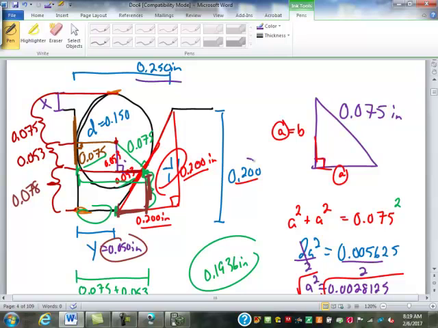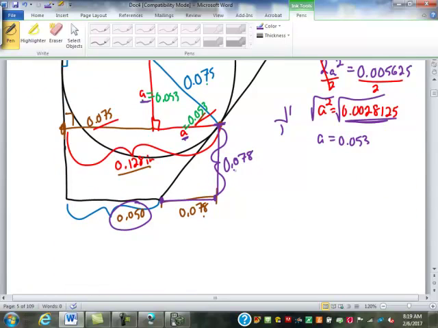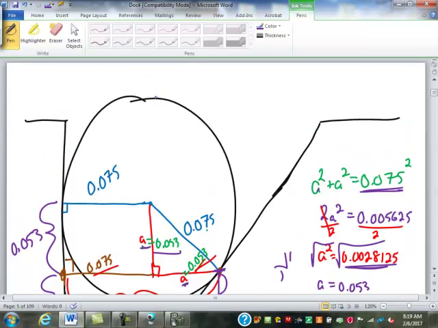If this is 200 here, this is 200 here, because it's a 1-to-1 aspect ratio. Subtract that from the 250 gives you 50 here. So now that we know that's 78, from here to here is 78. From here to here has to be the 53. And from here to here has to be that radius of 75.